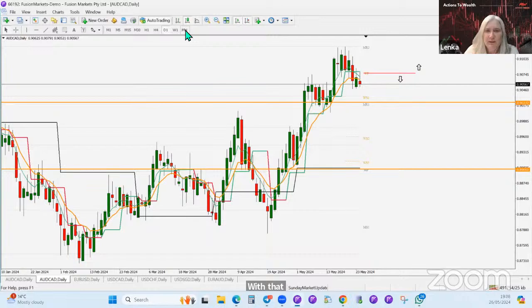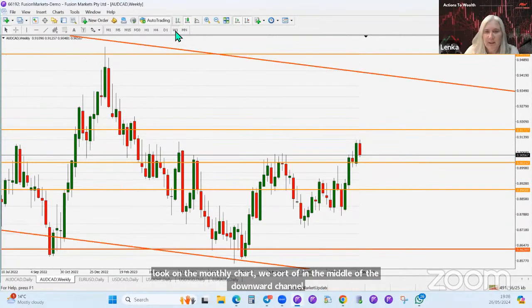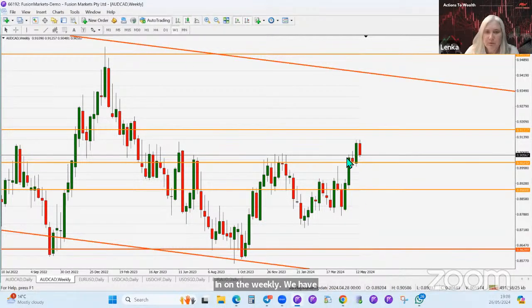Let's have a look at the monthly chart. If we look on the monthly chart, we're sort of in the middle of the downward channel. On the weekly, we have broken to the previous high, and we have a small pullback there.